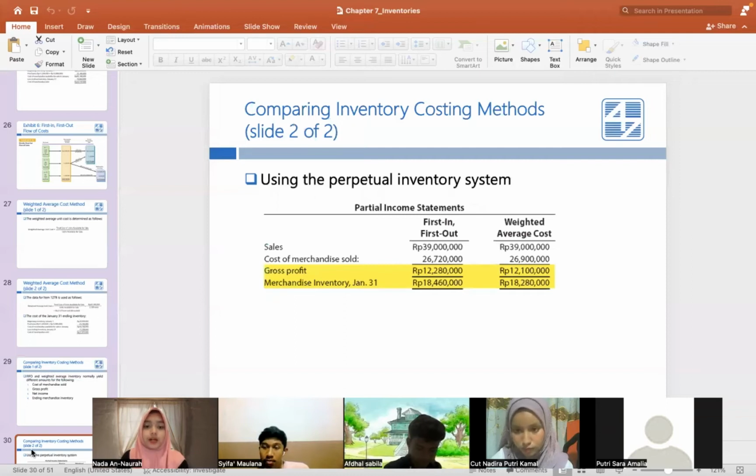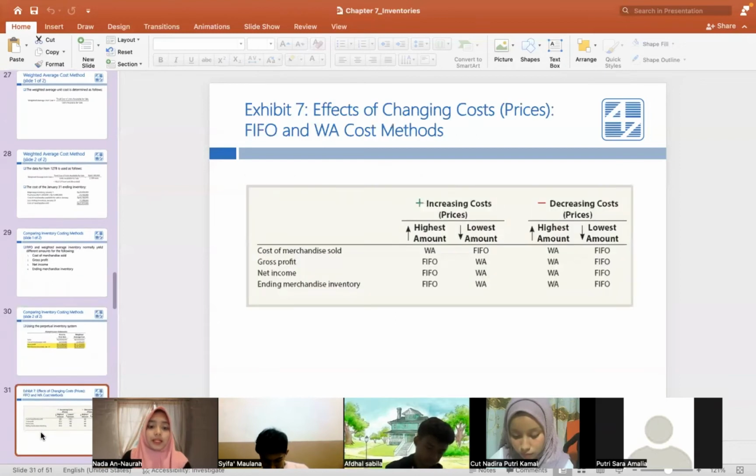And here, when we use the perpetual inventory system, we put sales and cost of merchandise sold, and also gross profit, merchandise inventory. But the effect of changing costs, FIFO and WA cost methods, and these are the differences between them.